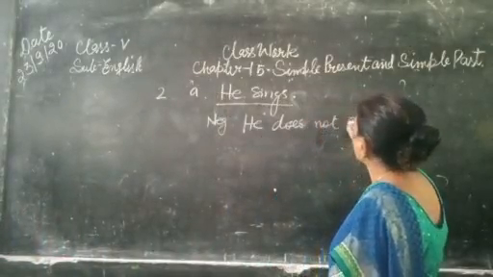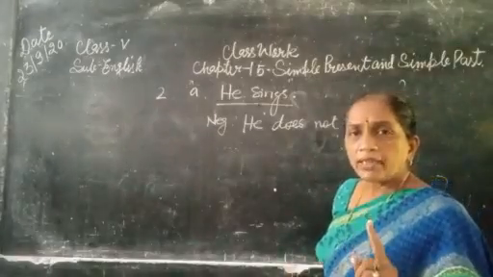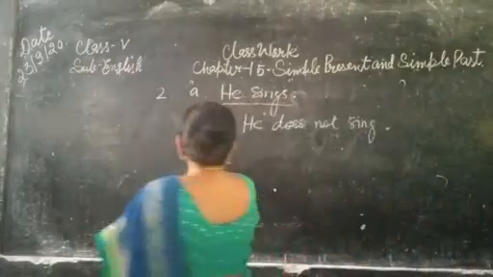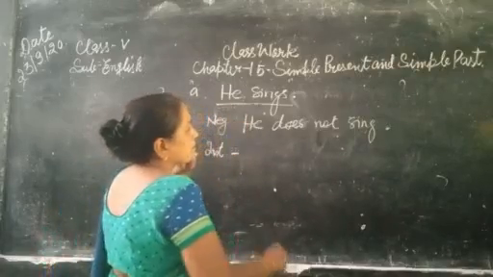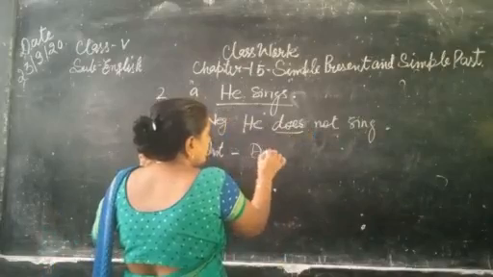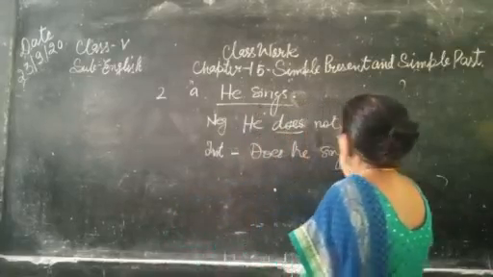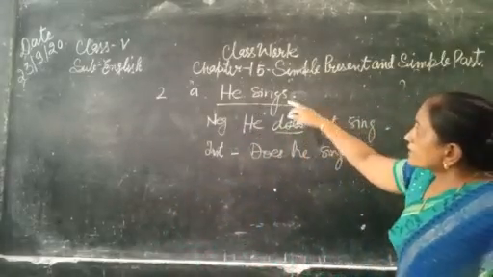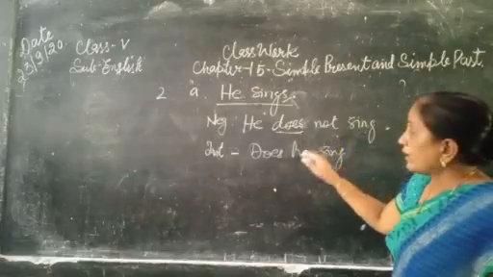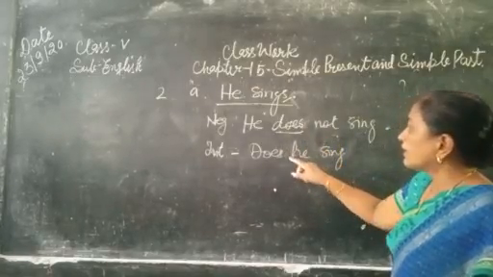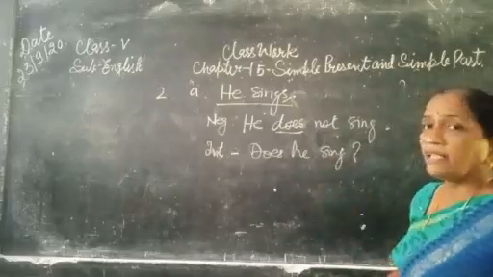He does not sing. Okay? This will be its negative one. In interrogative one, same sentence can be changed. Does, this helping verb will be put at the beginning. Does he sing? Now remember children, this sings का हमने s हटाना है जब हमने does लगा दिया. When does is put at the beginning, we have to use interrogative sign at the end. Does he sing?